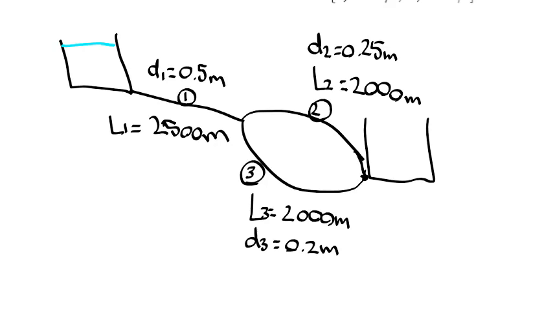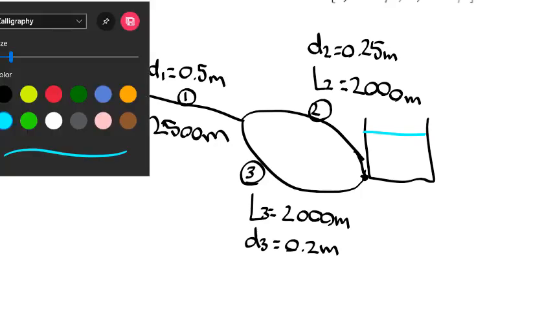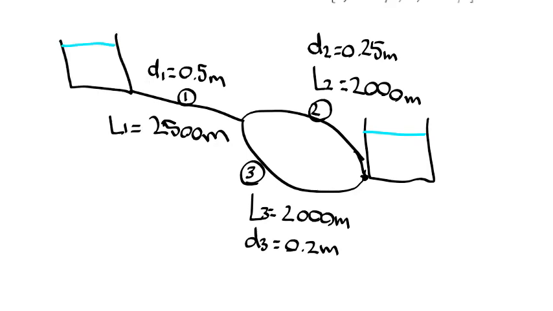We have our water levels in our reservoirs. Now we know that the water levels differ by 8 meters. So those two water levels differ by 8 meters.